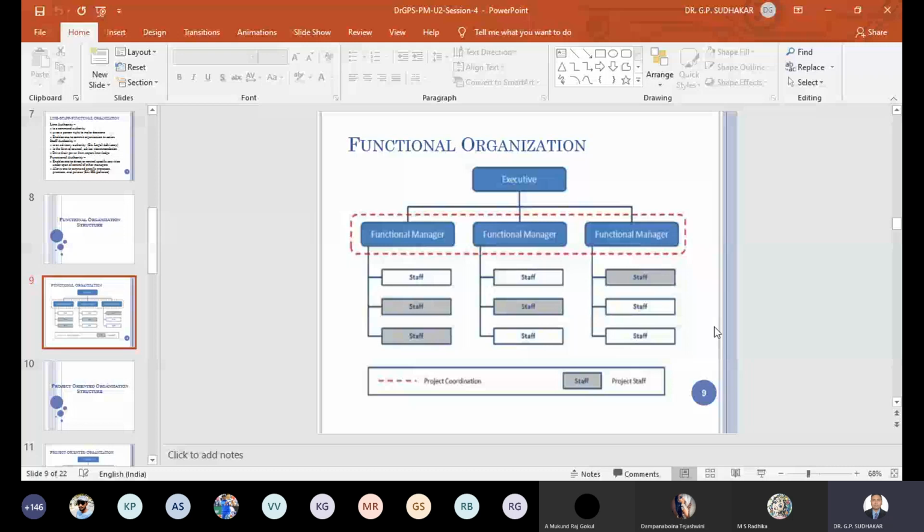For example, there is a project which is cross functional, meaning that project requires different people from different business functions, one person from HR, one from marketing, one from finance, one from engineering, like that. In that kind of scenario, there won't be a full-time project manager. For that, somebody from any of the business functions will be identified.